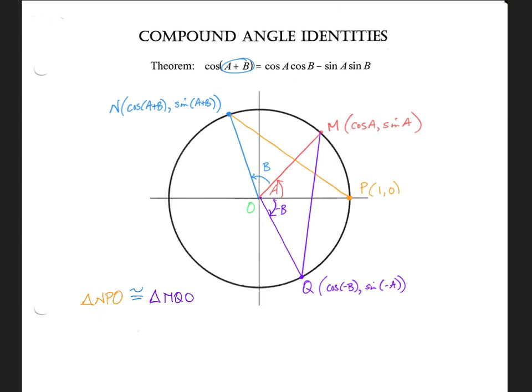Now, if we are struggling to see that, here's our proof. I want you to focus in on triangle NPO. First off, we should be good that we have angle A plus B. We've already stated that. But I also want us to notice that that terminal arm that put us up to point N has a length of 1.